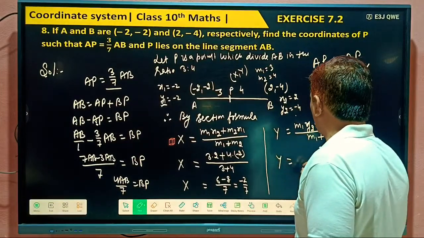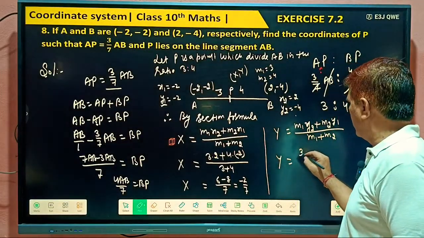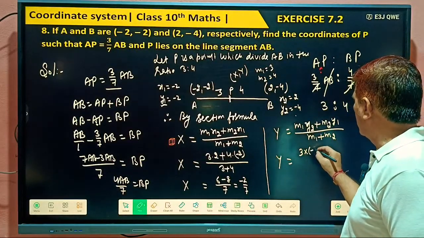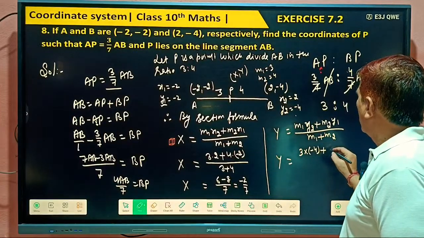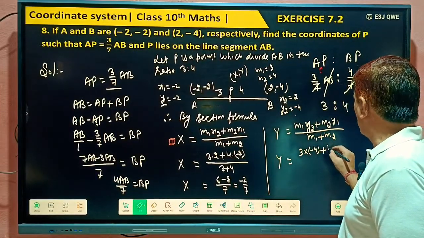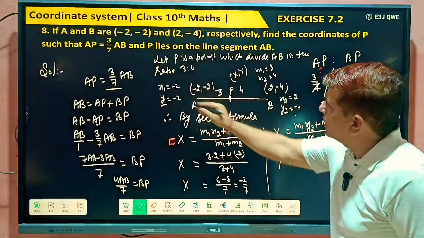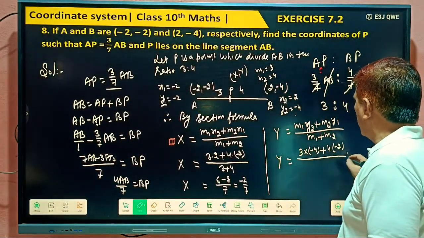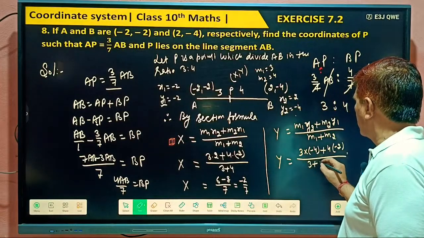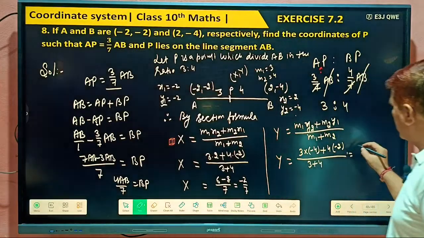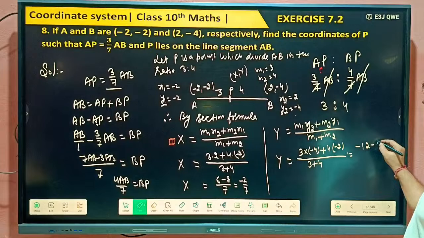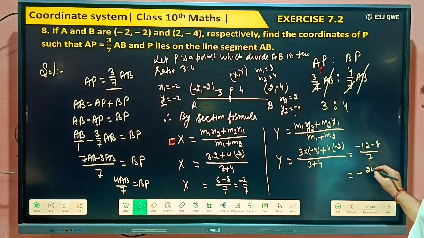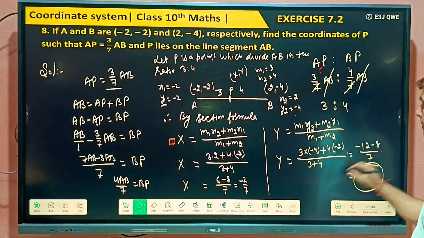So y equal to m1 is 3 into y2 is minus 4, plus m2 is 4 into y1 is minus 2, by 3 plus 4. So it becomes minus 12 minus 8 by 7. So how much? Minus 20 by 7.